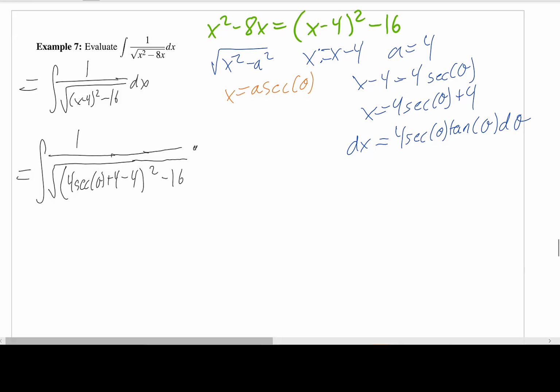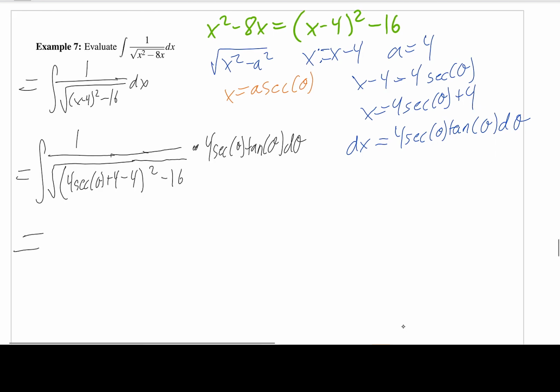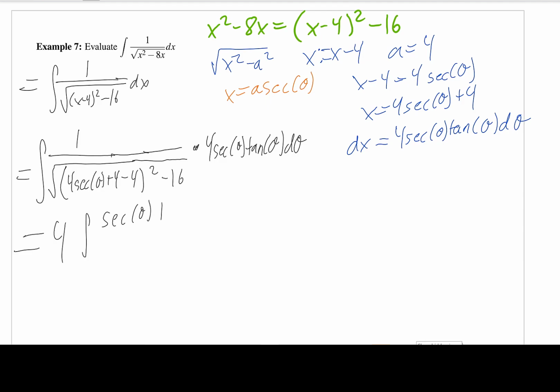And then dx should be 4 secant theta tangent theta d theta. So I'm going to pull that 4 out. So I have 4 times the integral. On top, we should have secant theta tangent theta. On bottom, so let's see, these will cancel, giving me 16 secant squared theta minus 16 d theta.